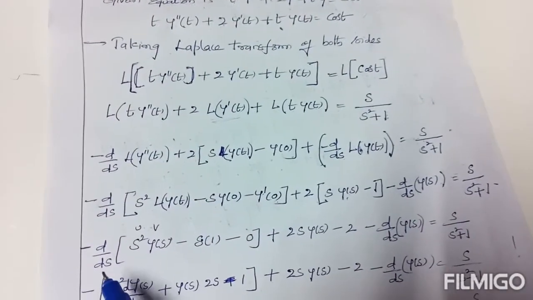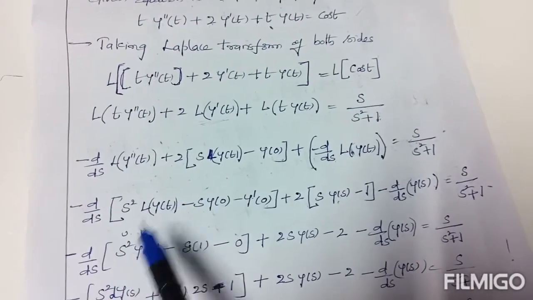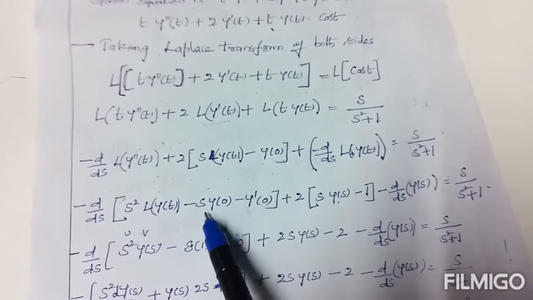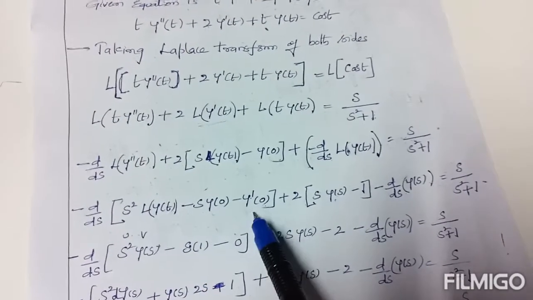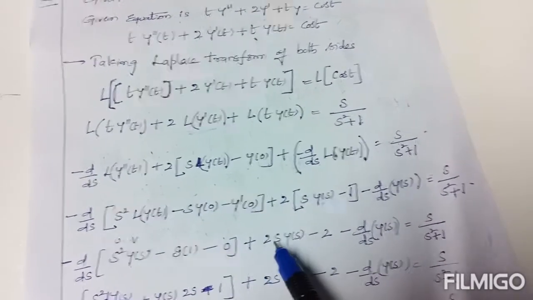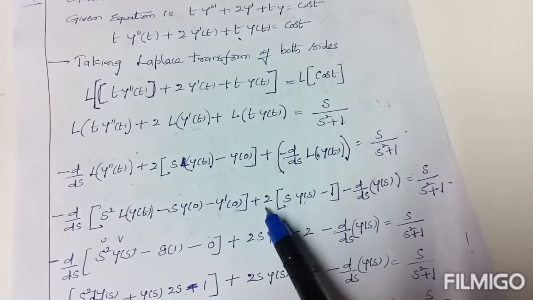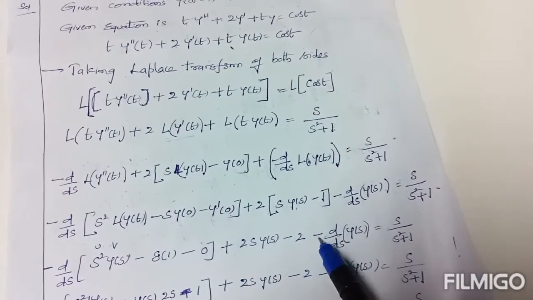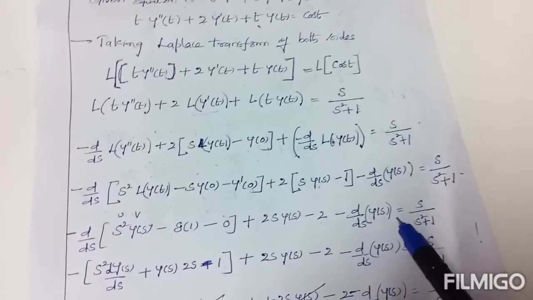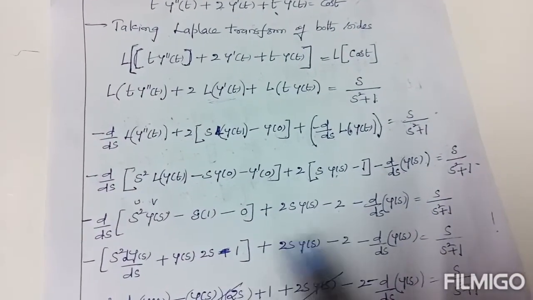Next, minus d by ds of s square y of s minus s into y of 0 is 1, y dash of 0 is 0, plus 2 into the first term minus 2 into the second term, minus d by ds of y of s equal to s by s square plus 1.